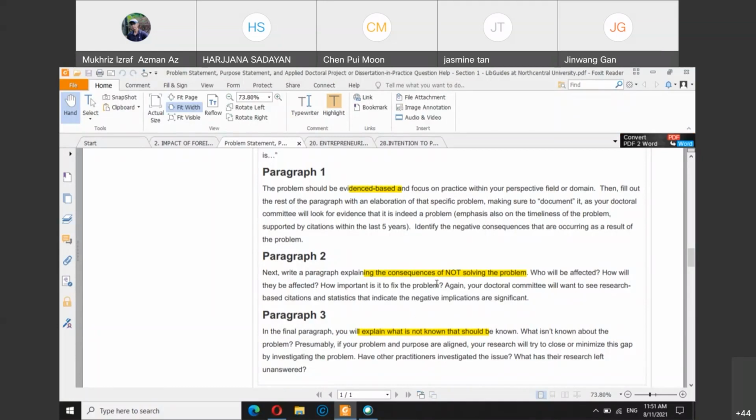What is the gap, or what is still missing from the literature? I think at your level, I don't expect you to justify that you want to do this particular project because no one has done it before.